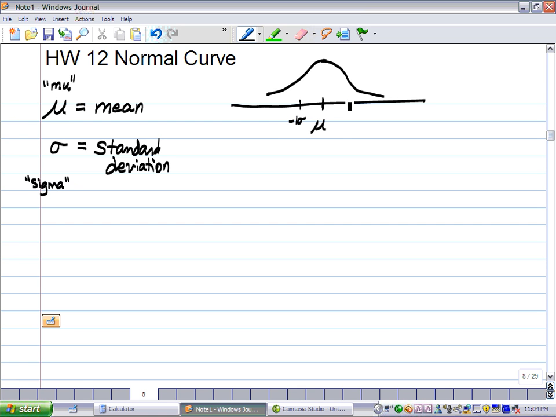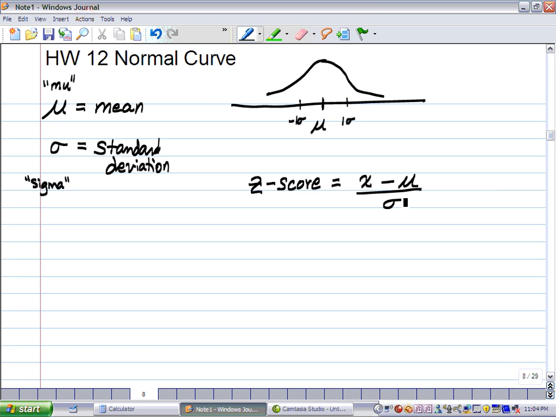So if we have a negative standard deviation, that means we're below the mean. A positive one is above the mean. Each member of the population has what's called a z-score. This z-score is their individual value, which I'll call x, minus the mean divided by the standard deviation.